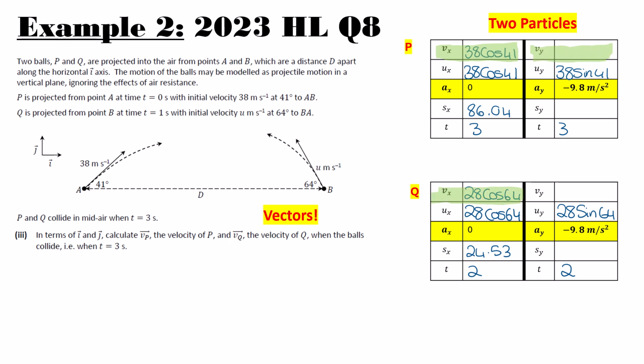And then same for Q. So we're going to use V equals U plus AT in the Y direction to find it. So V is equal to 38 sine 41 plus minus 9.8 times 3. And that's going to give us our V, which is minus 4.47.